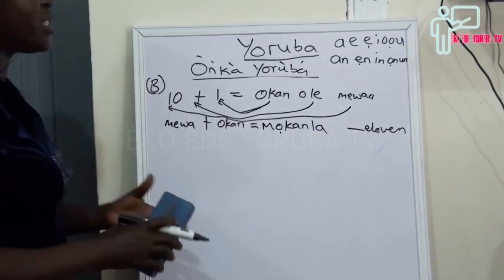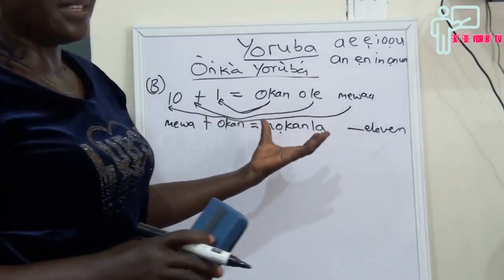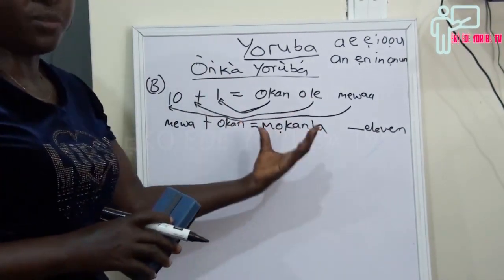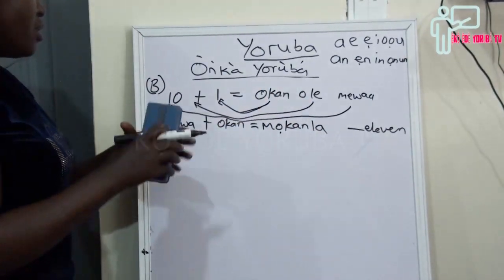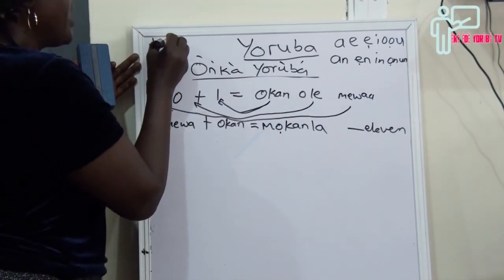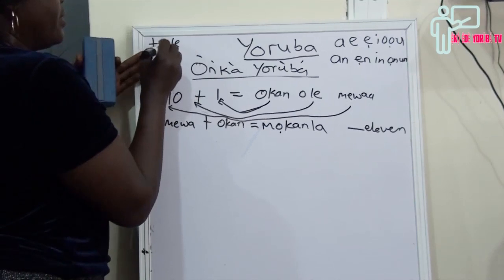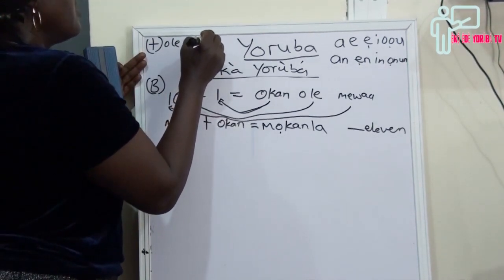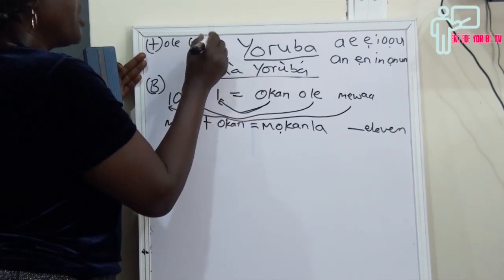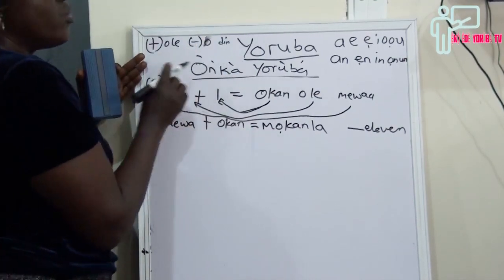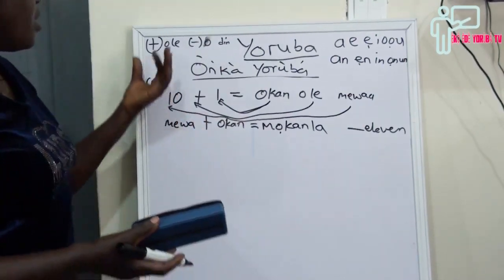I told you that in Onka Yoruba, in the Yoruba numbers, we count from the back to the front. And I told you that this sign means ole, which is le, and this one means din. That is din, odin, which is din minus.